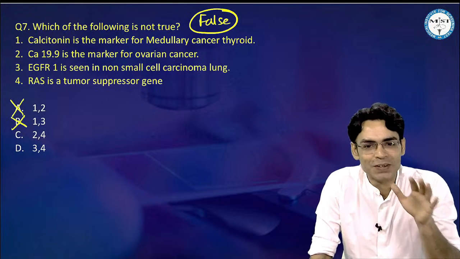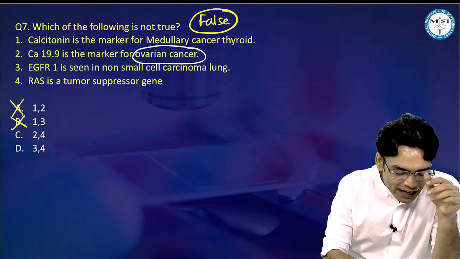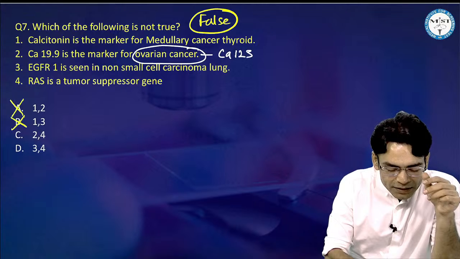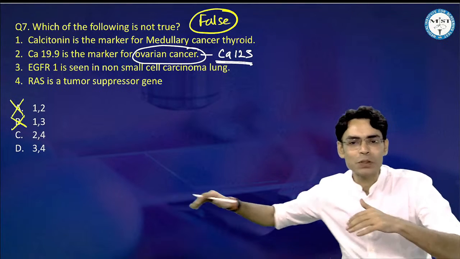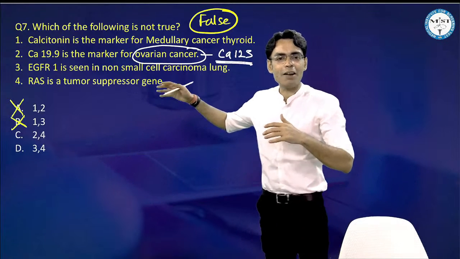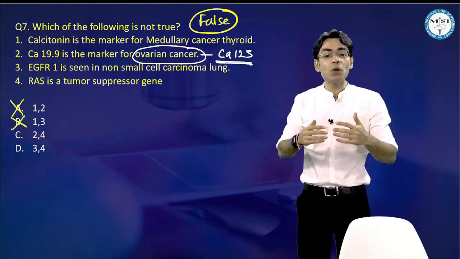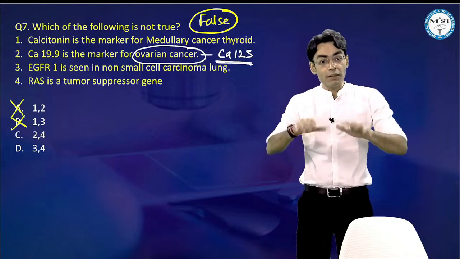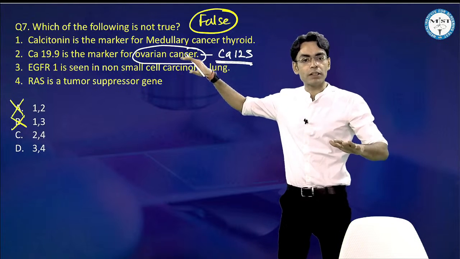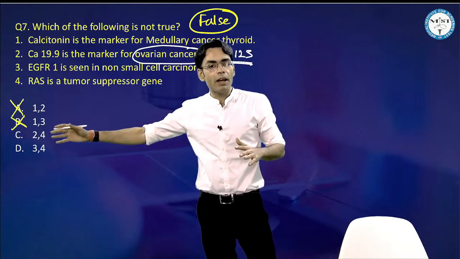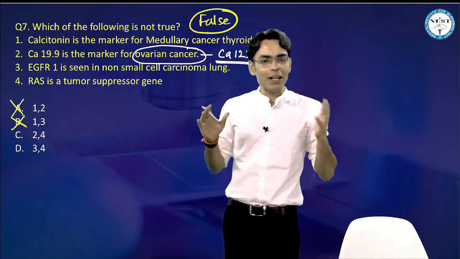No. The marker for ovarian cancer has to be CA 125, right? So 2 is definitely wrong. And once we know that 2 is wrong, whether we are very sure about the rest or not, we don't have to think about it. This is something I'm telling you for when you're not able to solve the question in the exam. If you know that this is definitely wrong, it cannot be right, then where is it? In C. So what will the correct answer be? C. That's it.